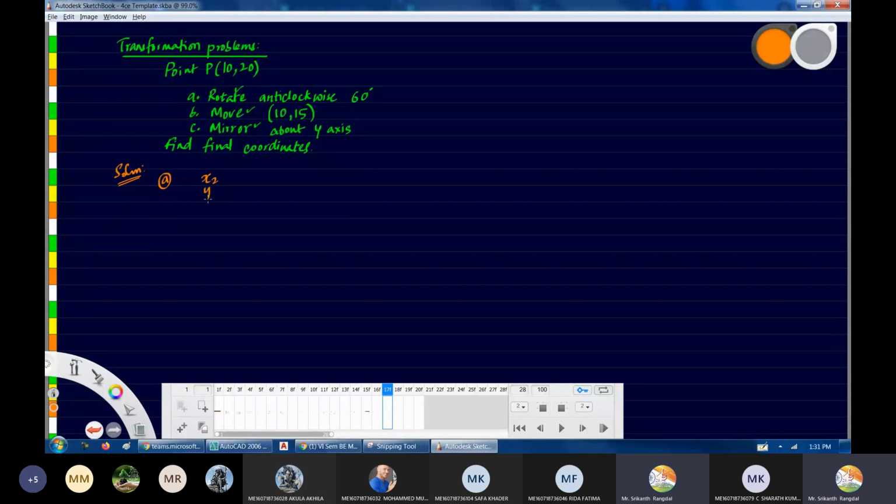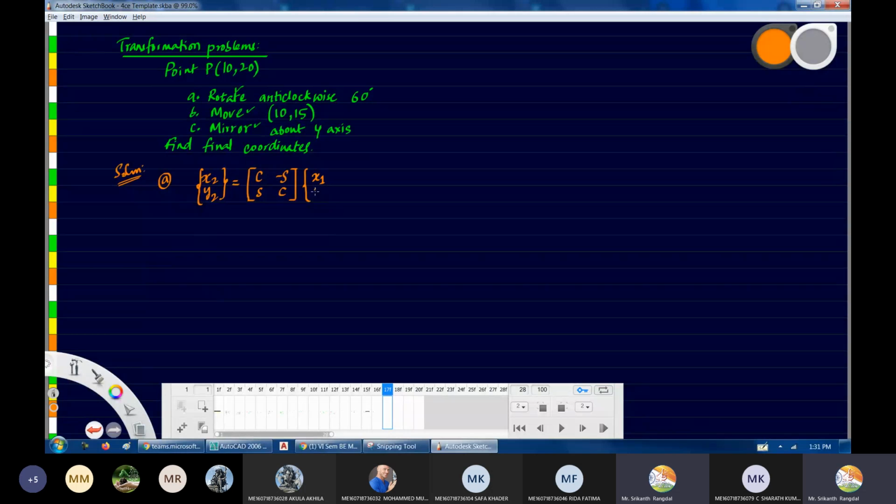Let's say x2, y2 we have to find. And what was the matrix formula? It was C, minus S, and S, C. Isn't it? Is it correct, what I have written?